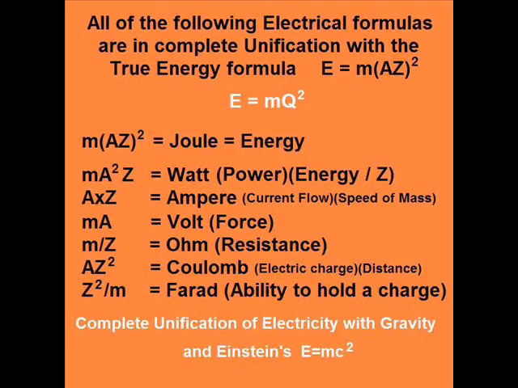A times z is equal to an ampere, which is current flow or the speed of mass or speed of gravity. ma is equal to a volt, which equals force, and m over z is equal to an ohm, a unit of resistance. az squared is equal to a coulomb, which equals electric charge or distance, and z squared over m is equal to a farad, the ability to hold a charge. All of these electrical formulas are in complete unification with electricity and gravity and Einstein's E equals mc squared.